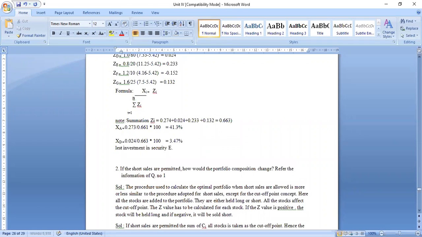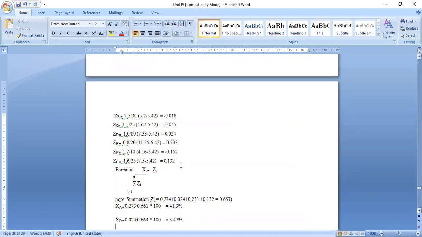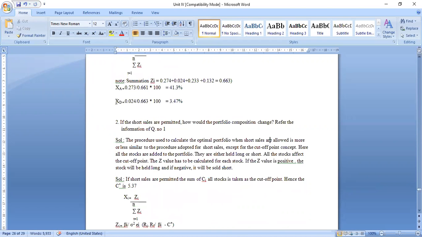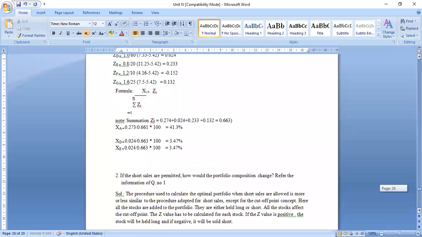Okay. Now next we are going to calculate for E, since after D we have E. So we are going to calculate XE here. The value of E is 0.233 divided by 0.663 into 100.